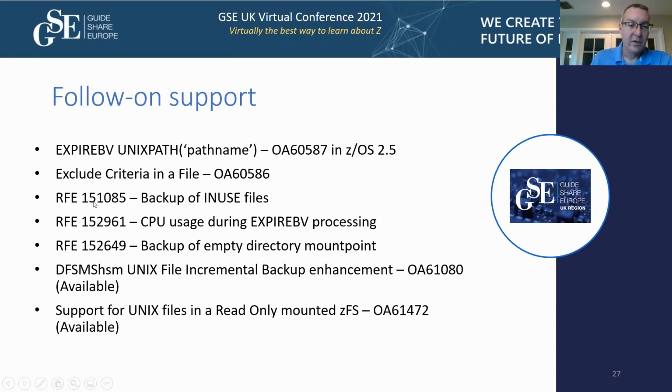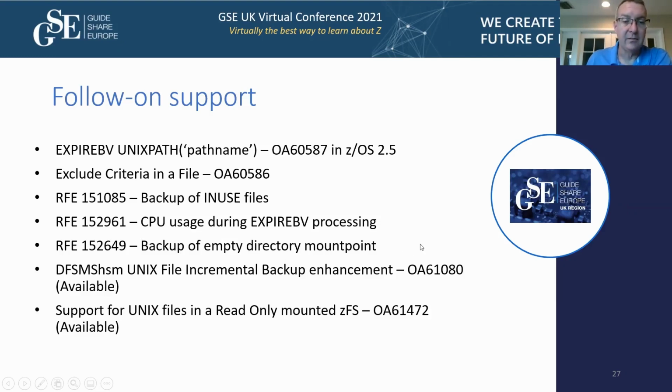We have 3 current RFEs that people are very interested in. One is backup of files that are currently in use, so that would be notice that the file is in use and then just take a fuzzy backup of it, and don't just fail because you can't get serialization on it. Another is CPU usage during expire backup volume processing; you bring that down.